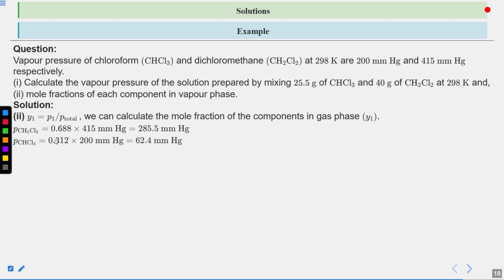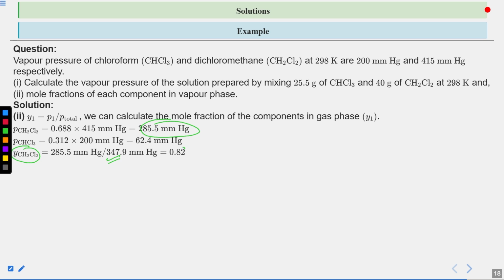What will be the partial pressure of chloroform? Using the same calculation, we can get it as 62.4 mm of Hg. Now, coming back to our important discussion of the mole fraction in the gaseous phase, it will be given as the partial pressure of dichloromethane divided by the total pressure, which is 347.9.